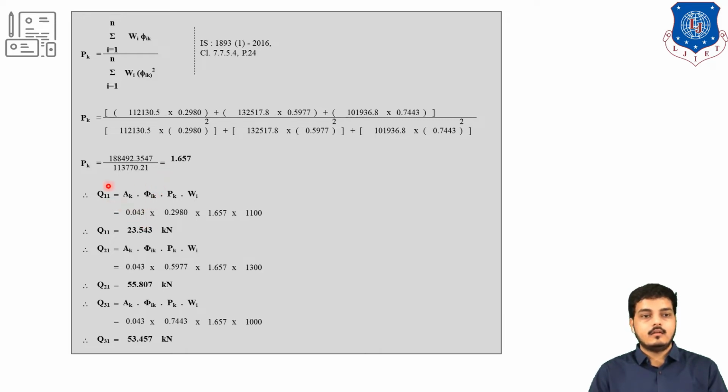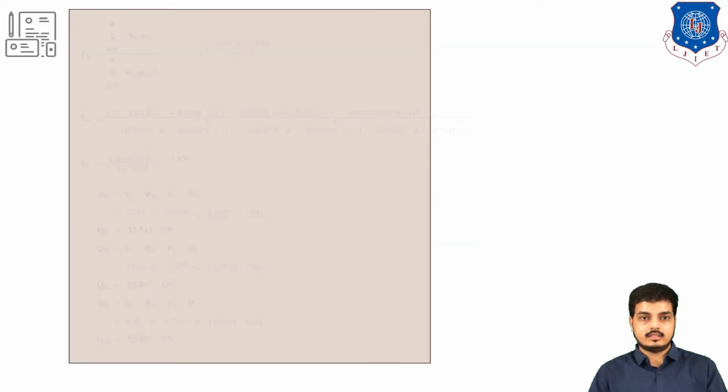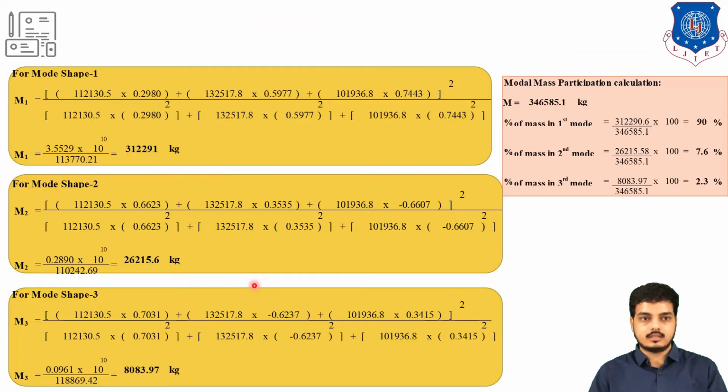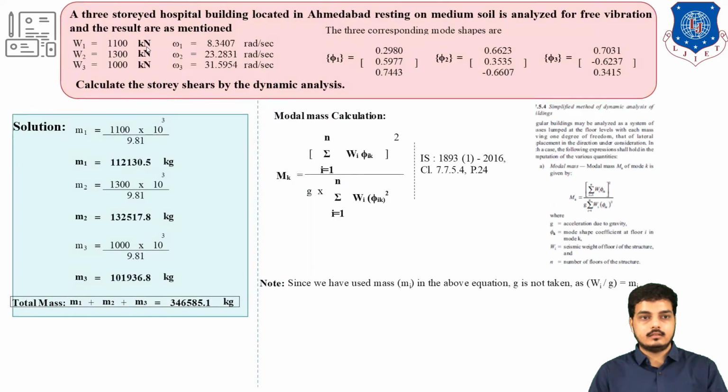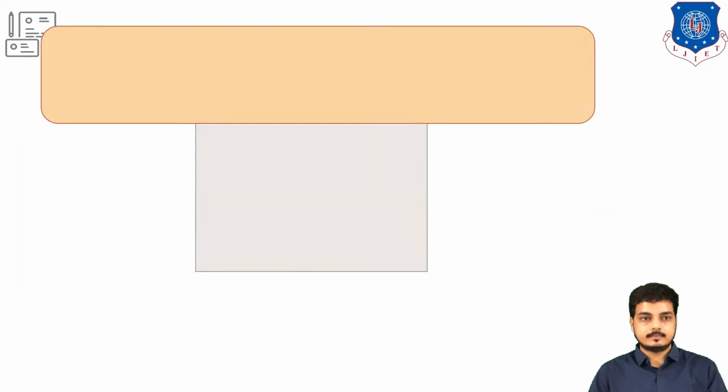Now phi ik for 1 we will be using the first one; for 2 it is 0.59 and for 3 it is 0.7. The rest of the values are similar except the weight. So it is 1100, then 1300 and 1000. It is given in the question itself. You can see the different weights.